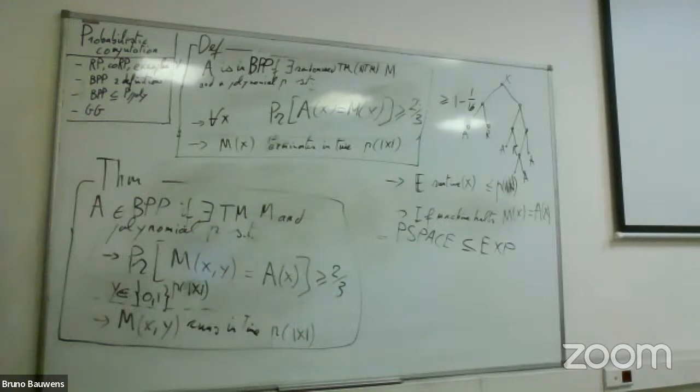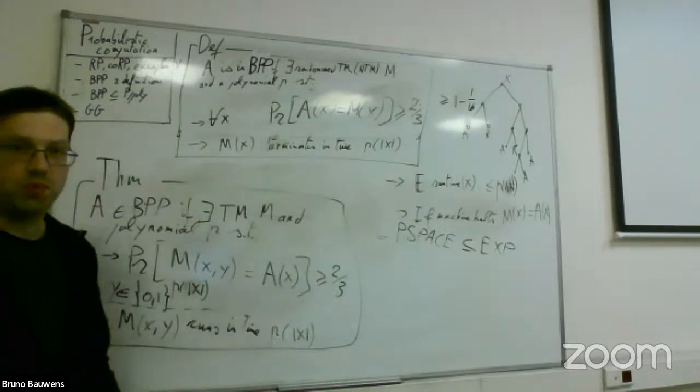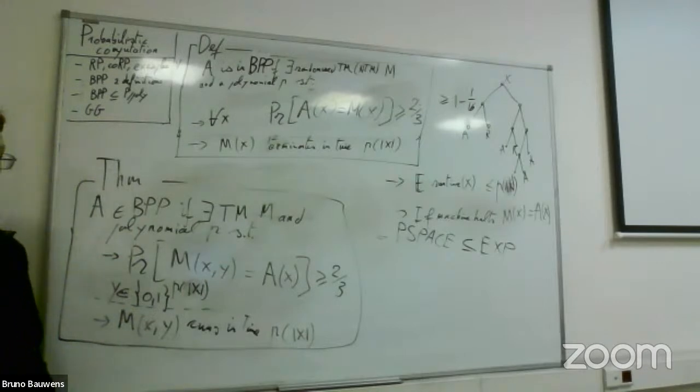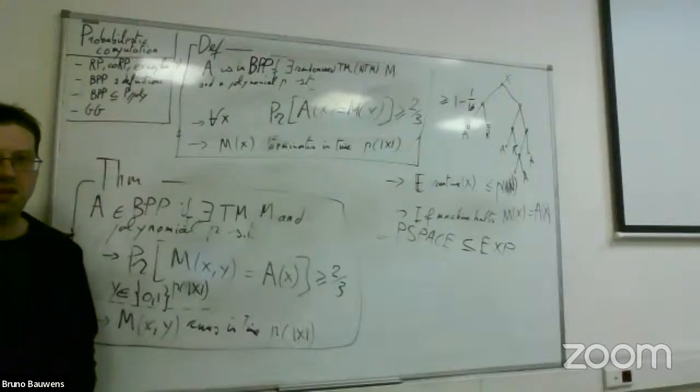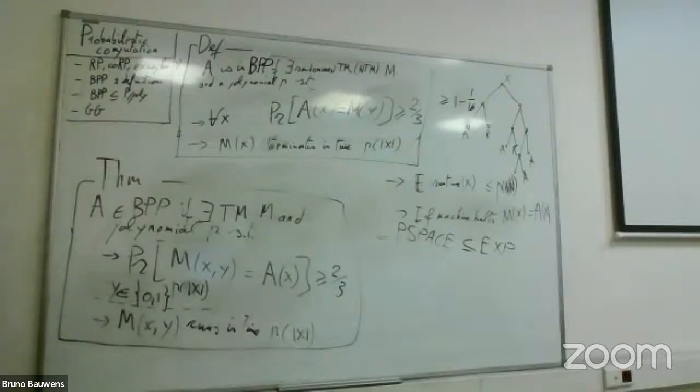Okay, so this is a theorem, and I think it's easy for you to prove. The theorem itself is just the second definition. Note that for log space versions, this equivalence does not hold.